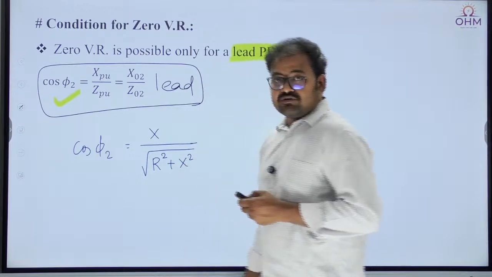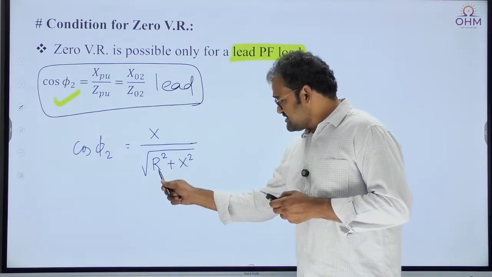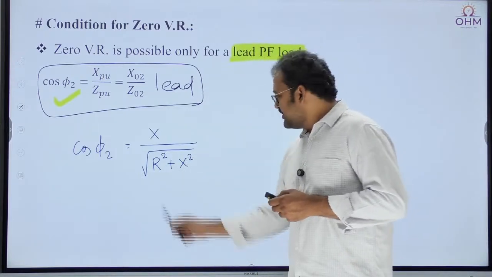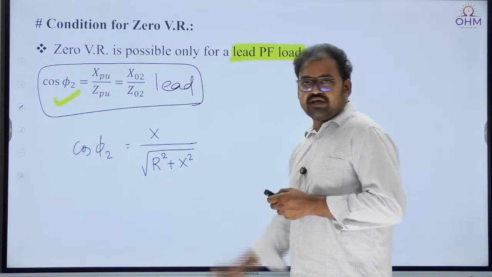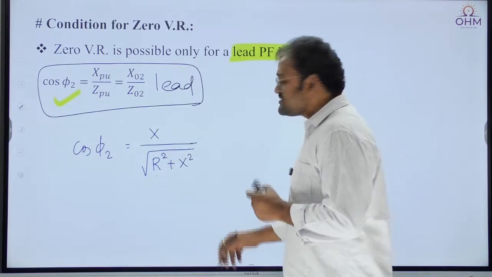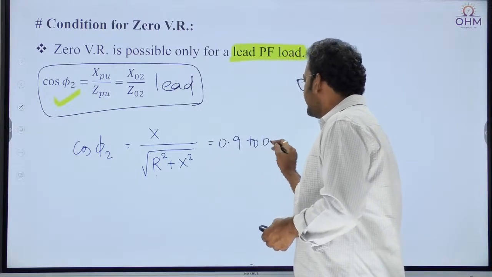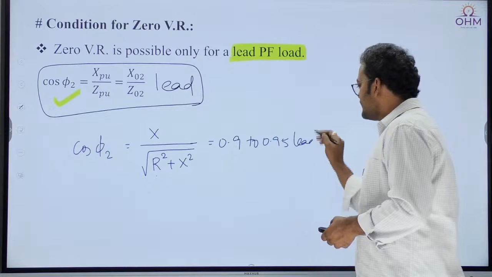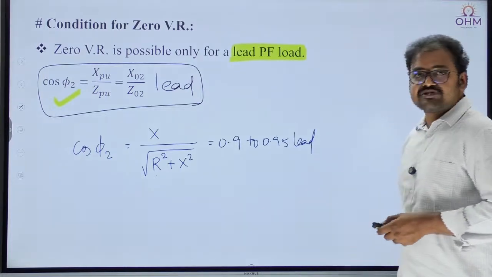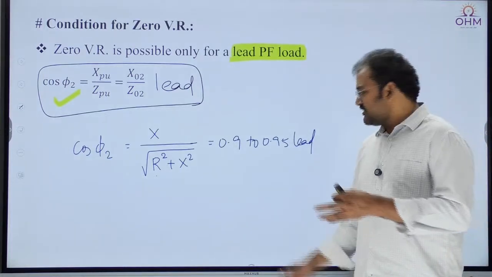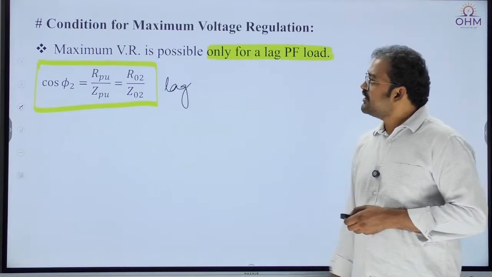We know generally winding resistance is very low compared to reactance. Therefore, this ratio is very near to 1, generally 0.9 to 0.95 leading. So zero voltage regulation is possible for a leading power factor load very near to unity.